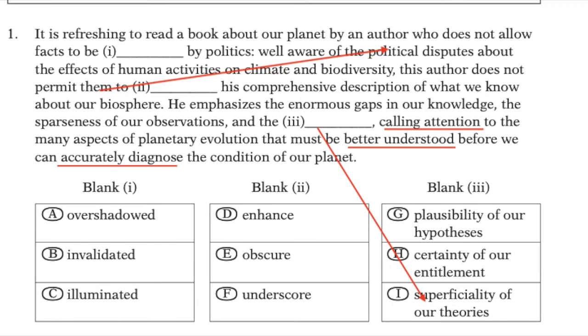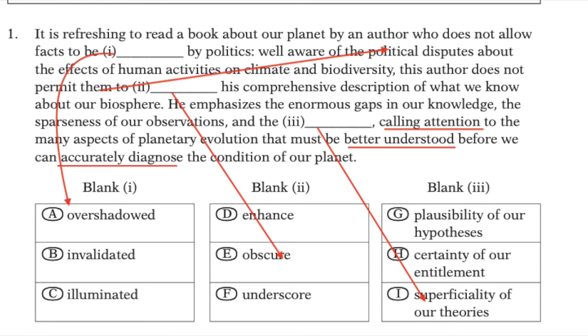We're talking about how much we know, right? And he's kind of telling that how much we know is not enough. So take a look at the third one, superficiality of our theories, as in the theories that we know or we implement are so superficial that they're just not enough to take care of the planet. That's what he's trying to indicate, and that's why the answer is I here.